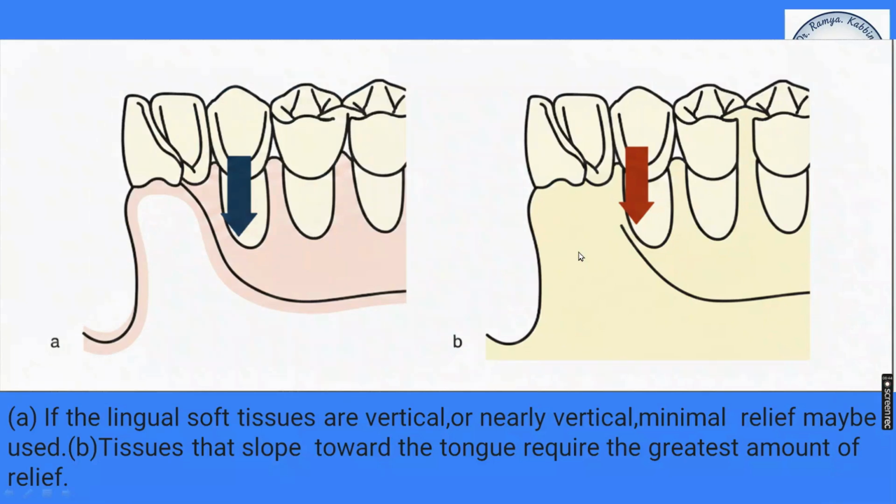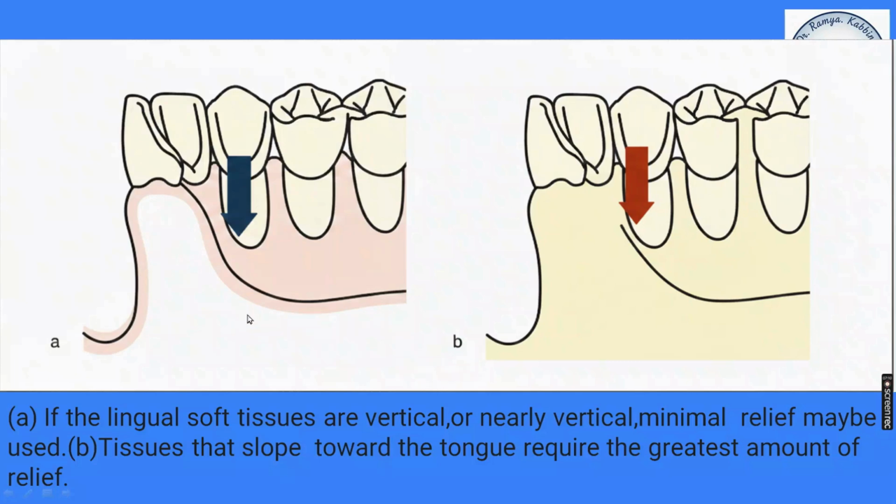Now, one more important thing you should remember while designing the mandibular major connector is that you should measure the depth of the floor of the mouth. You can use a periodontal probe to measure the depth. In the first figure, you can see there is a maximum depth, say about 8 mm, available.